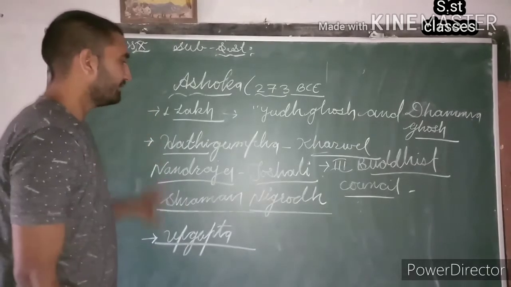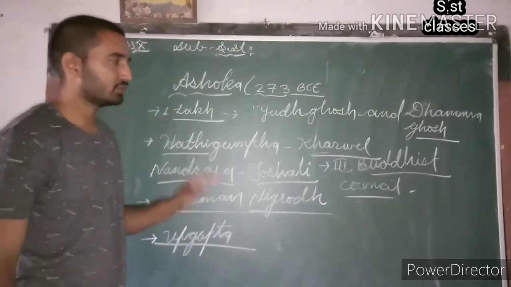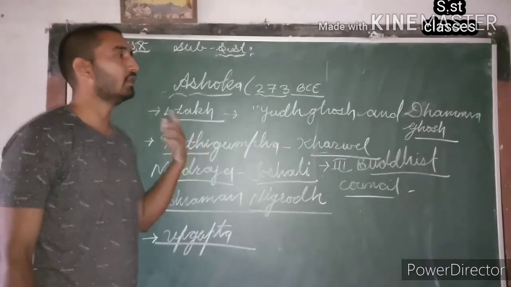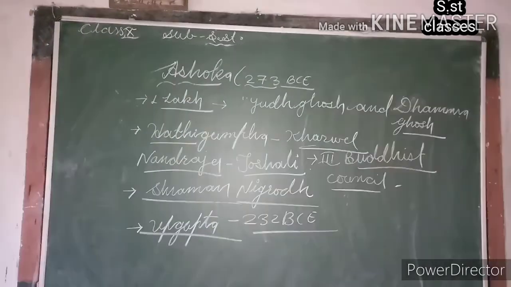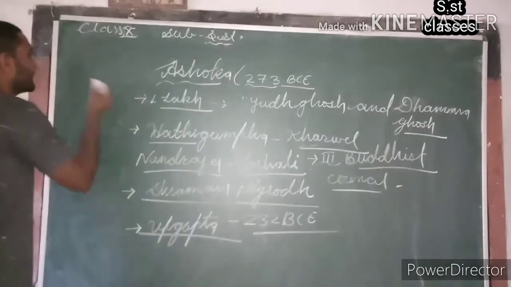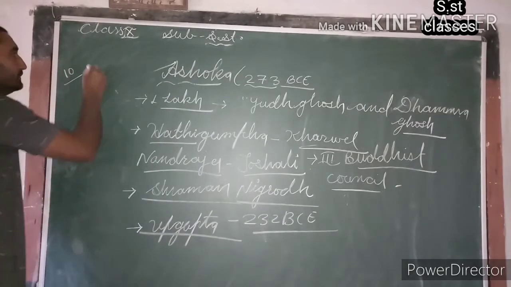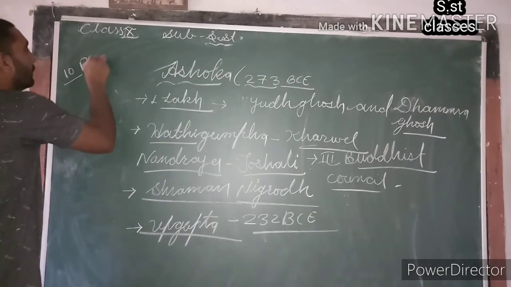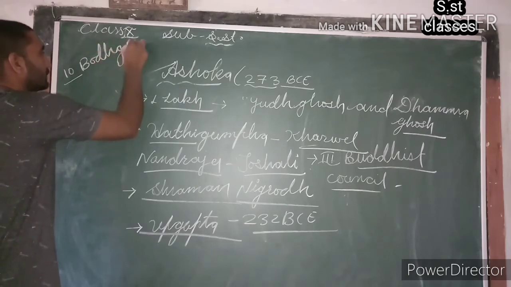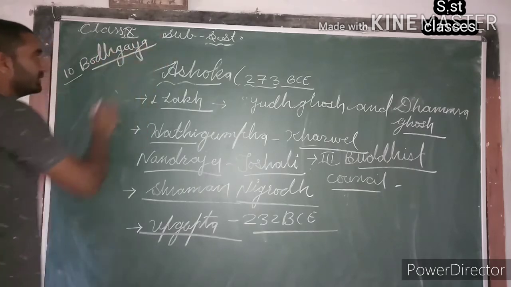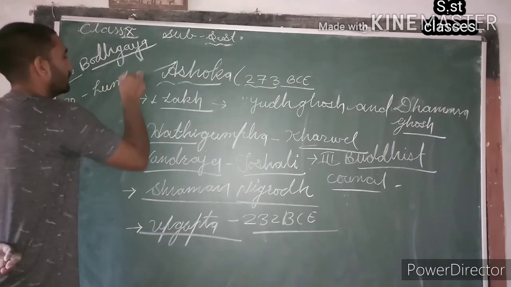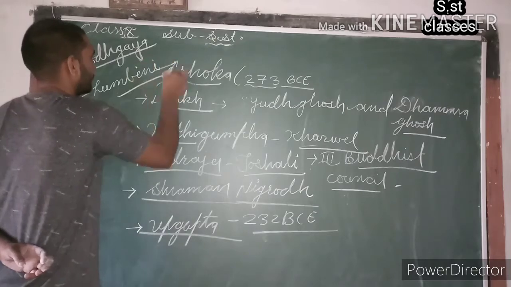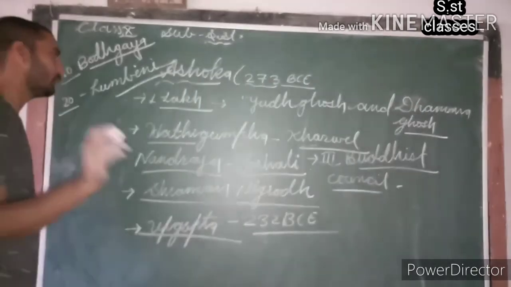Okay. And finally Ashoka became a Buddhist, and he made religious visits to different places related with the life of Gautama Buddha. For example, in the 10th year of his coronation, Ashoka visited Bodh Gaya. On the other hand, in the 20th year of coronation, Ashoka visited Lumbini.